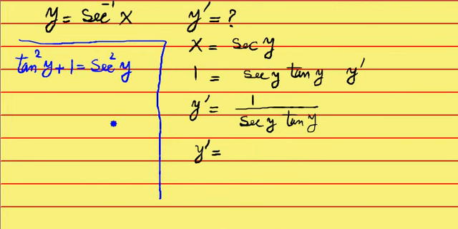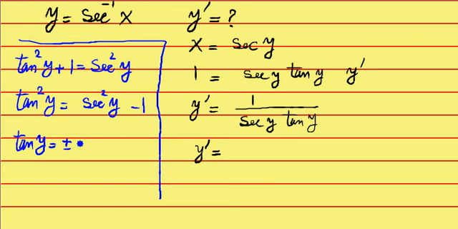So if I want to find tangent, I might as well use this formula. This is equal to secant square of y minus 1. If I want to take the square root, I'll have the choice of plus or minus square root of secant square of y minus 1.